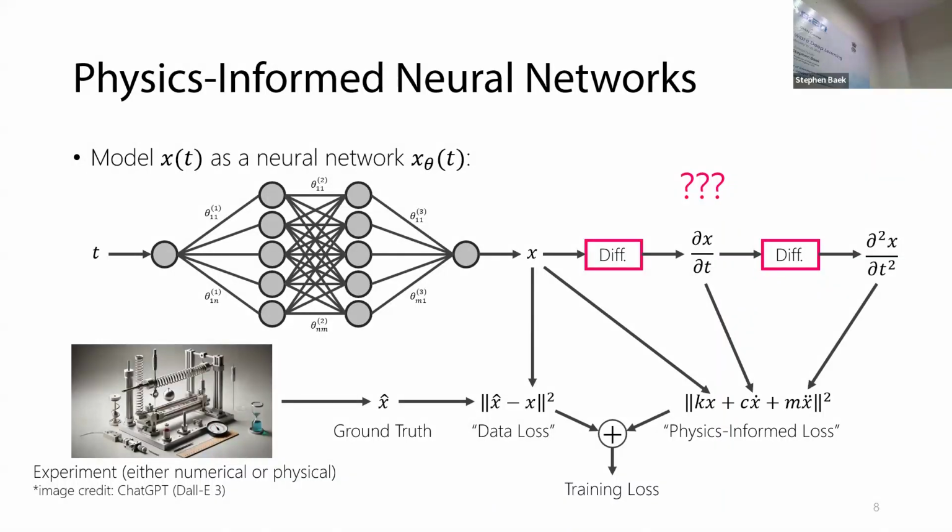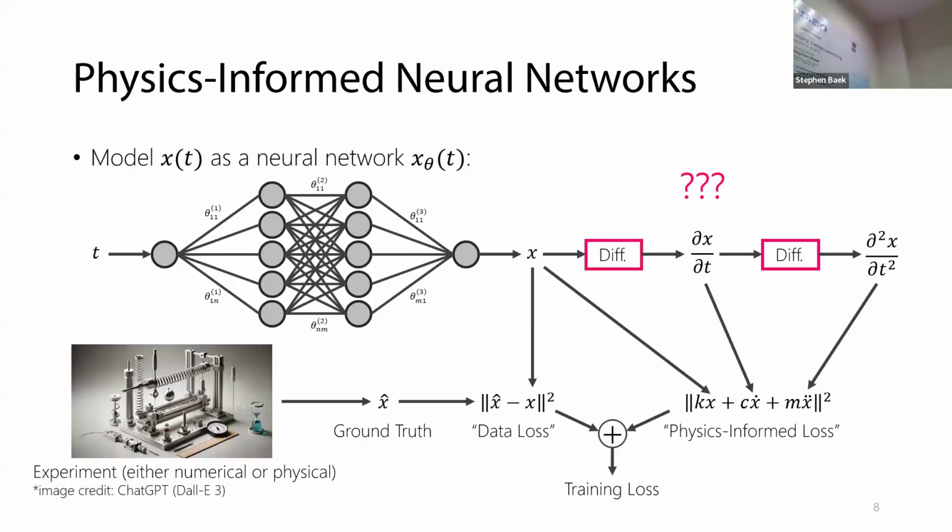Now, for many of the governing equations that govern physics, so not necessarily just the spring-mass-damper system, but also many other physical systems, will involve some kind of a derivative, right? Which is why they're called differential equations in the first place.